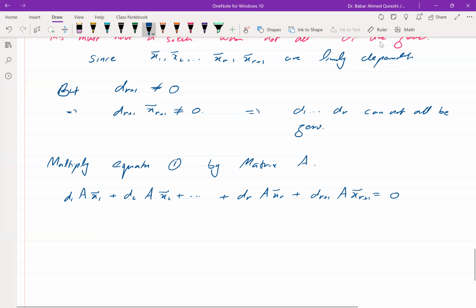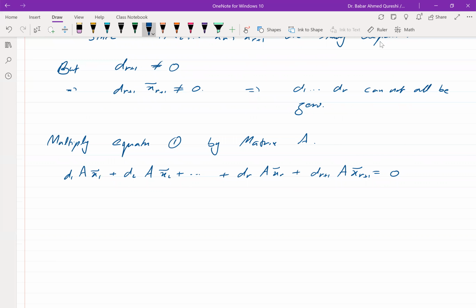This is 0. But these are eigenvectors with distinct eigenvalues. So I get this equation. When A acts on them, it reproduces them back with these eigenvalues.